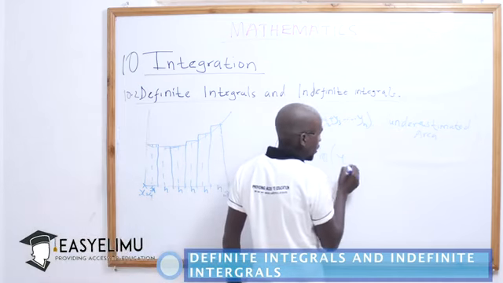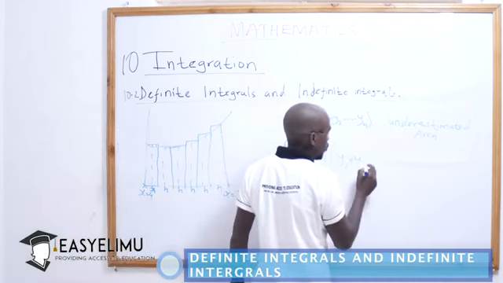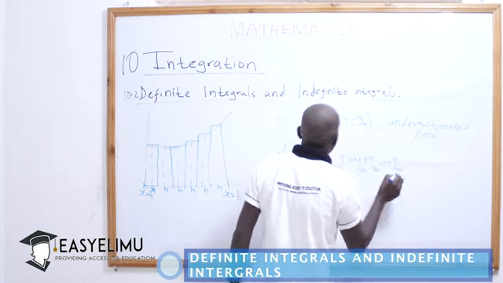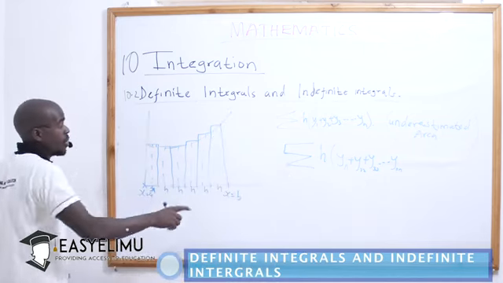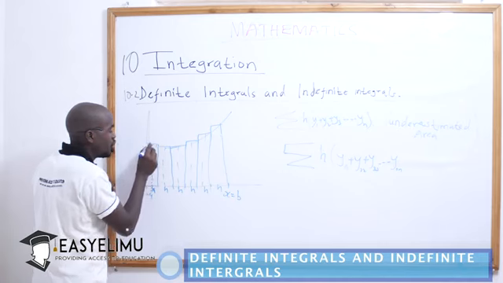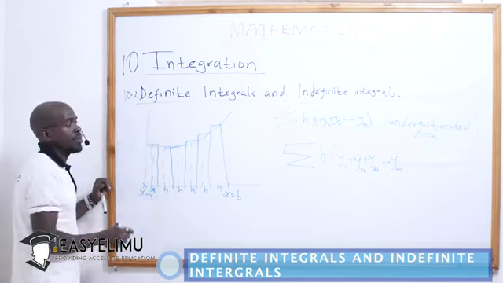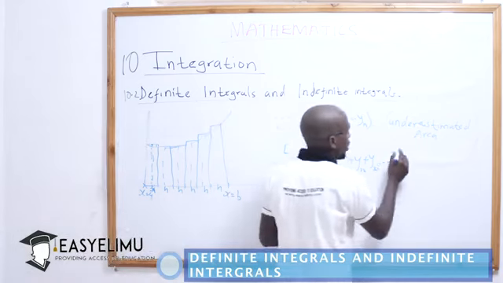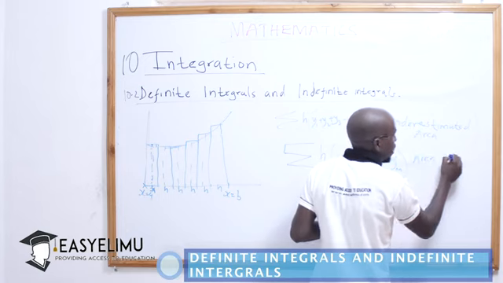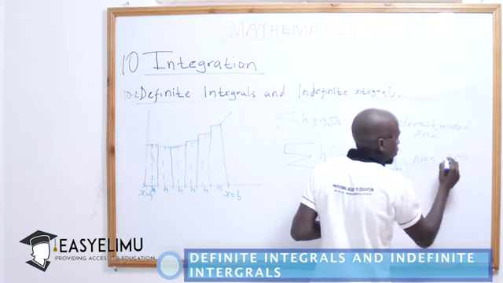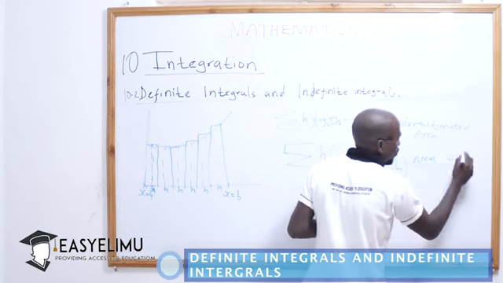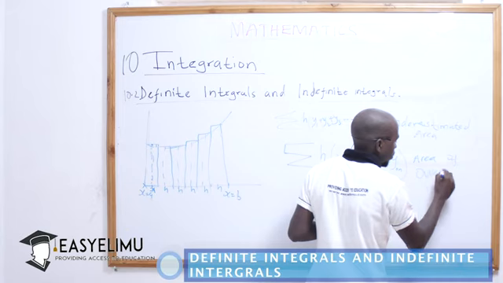So y11 plus y22 plus y33 up to yn, whereby those y11 are now the new heights or the new mid-ordinates of the overestimated area. If you do that way, you will be getting the area of overestimation.